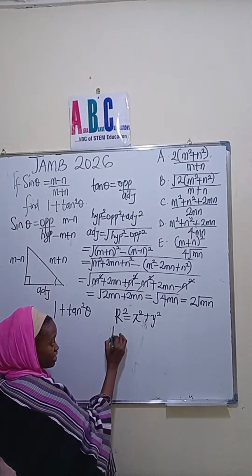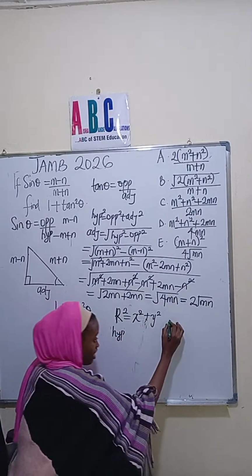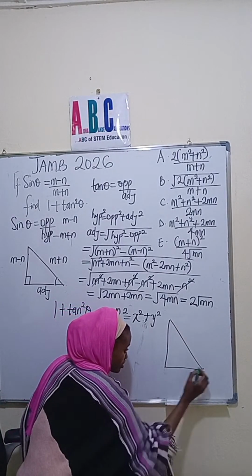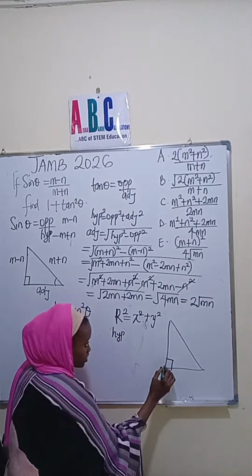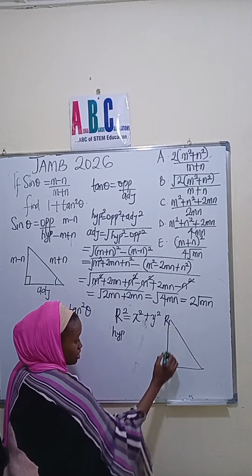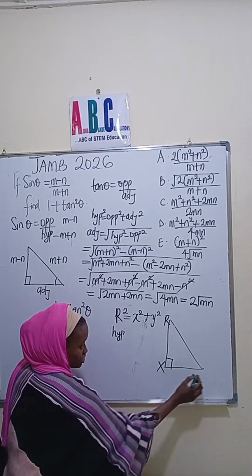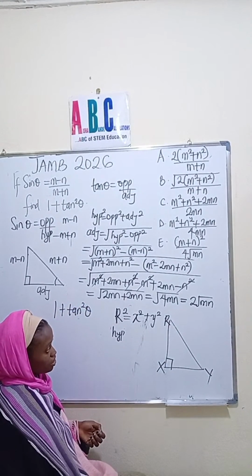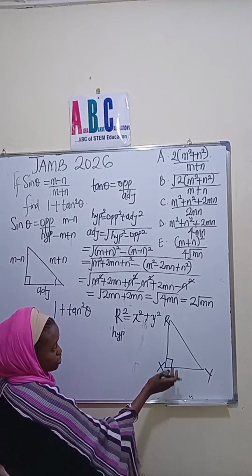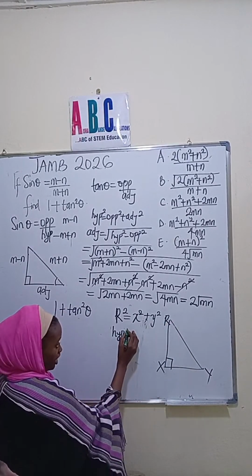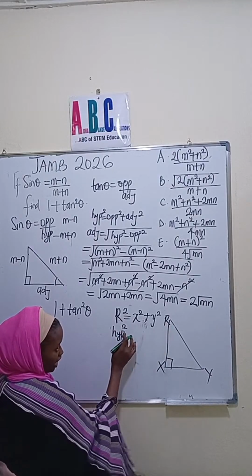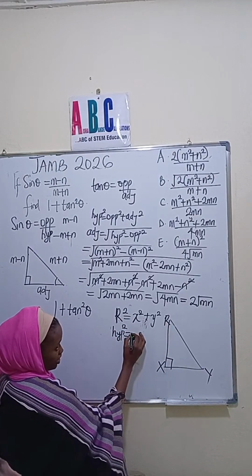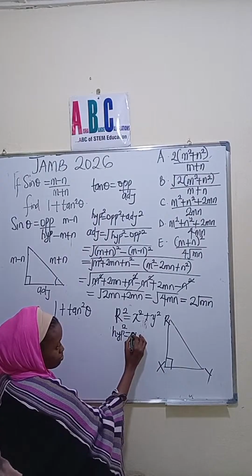What this means is having a right angle triangle like this. This is R, this is X, and this is Y. So this is R, the hypotenuse. Hypotenuse squared, R squared, equals x squared. The x can be the opposite.